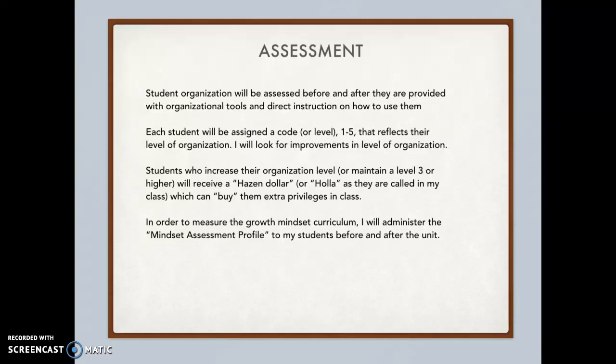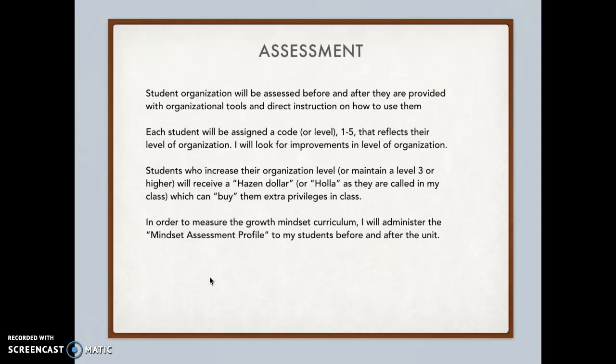So 1 would be highly unorganized, papers all over the place, no sort of order, no use of planners, no attempts to organize, and 5 would be highly organized. Things are in their place, the binders and the tools are being used appropriately. Students who increase their level of organization or maintain a level of 3 or higher will receive a Hazen dollar, which we call a holla in my room, which they can be used to buy extra privileges.